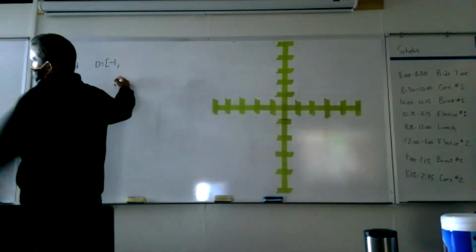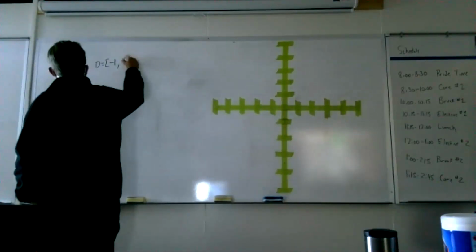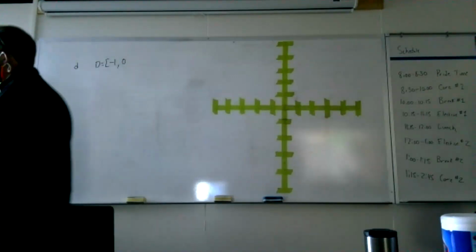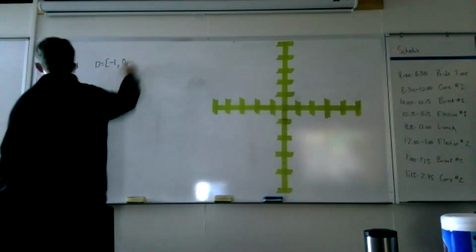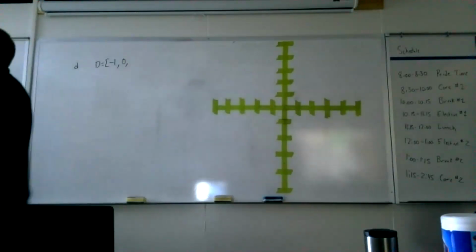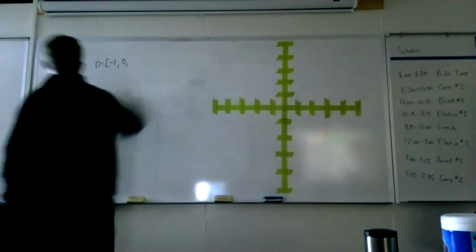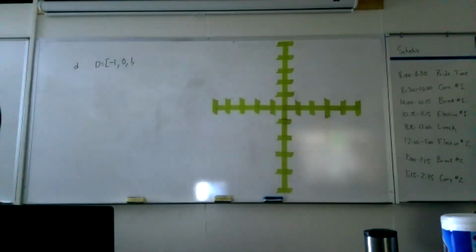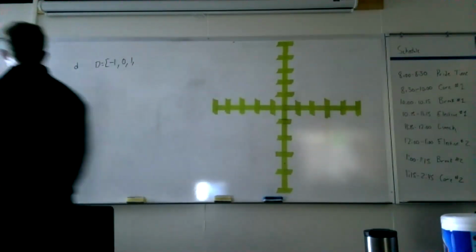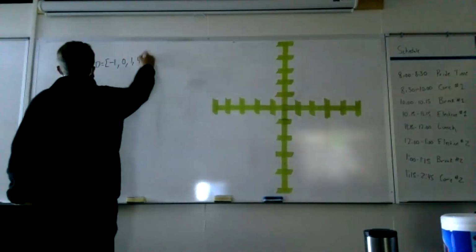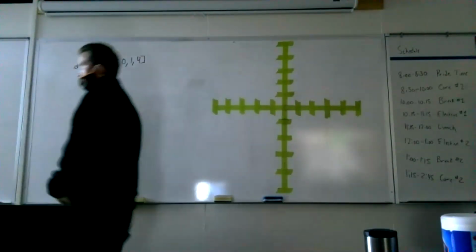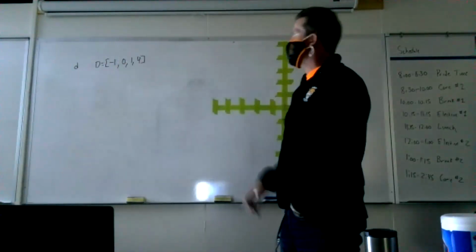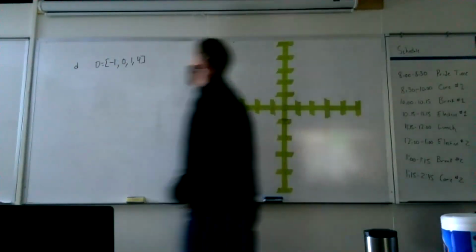My next value I have on the y-axis, so that corresponds to the x-coordinate of 0. The next one is on the x-axis, but it is 1 unit right of the origin, so that's a 1. And then my next coordinate is 1, 2, 3, 4 as I move to the right from the origin. So my domain for this relation is -1, 0, 1, and 4.